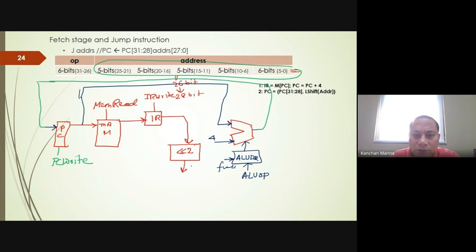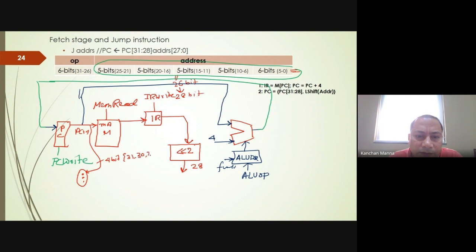So here it is 28 bit. Now PC plus 4 is available here. So let's say we have to perform the concatenation. What is that concatenation? The 4 most significant bits of this PC plus 4 would come here. So the number of bits is 31, 30.